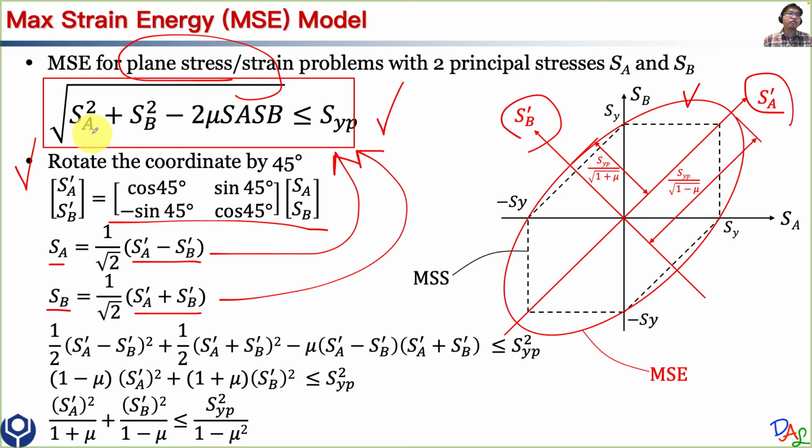When I do that, I replace every SA and SB. I end up with a new equation where I only have SA prime and SB prime to complete this 45-degree rotation. So basically, we are studying along this 45-degree red-colored coordinate. And if you continue to reduce the equation, you end up with something like this.